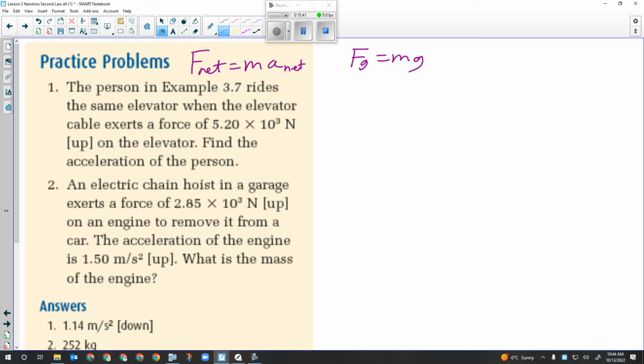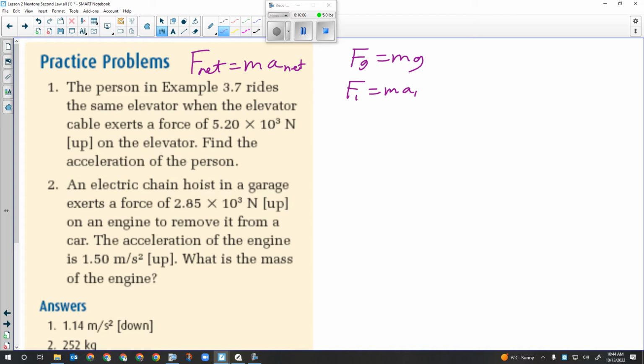To calculate the force of gravity, we multiply the mass by the acceleration that gravity produces. Any individual force can be calculated that way: force 1 equals mass times the acceleration that force could produce if it were alone. That formula is basically true for any individual force.